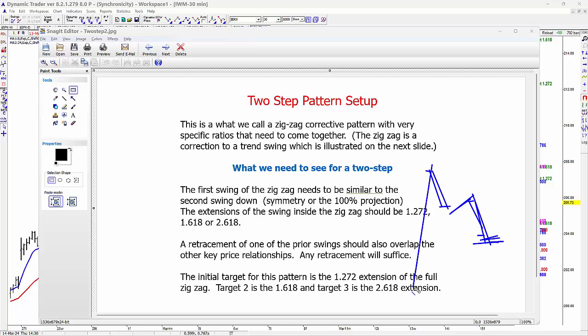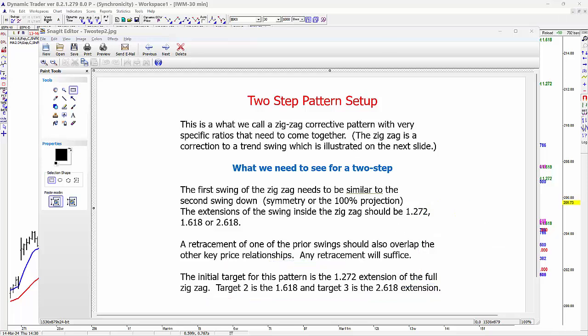And then the third part is that you need a retracement of one of the prior swings that also overlaps where the other two levels overlap. So it's very specific. It's also going to be a cluster. It'll be three price relationships, but it's very specific in what price relationships have to show up and come together. So that's how a two-step pattern is different.